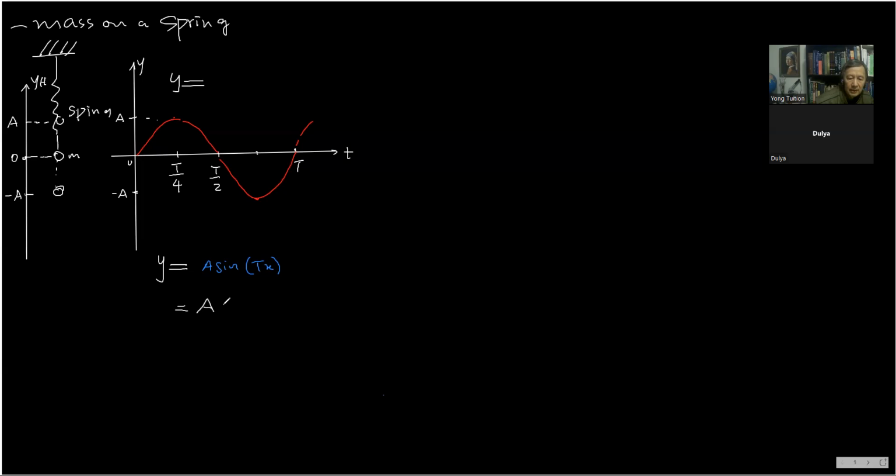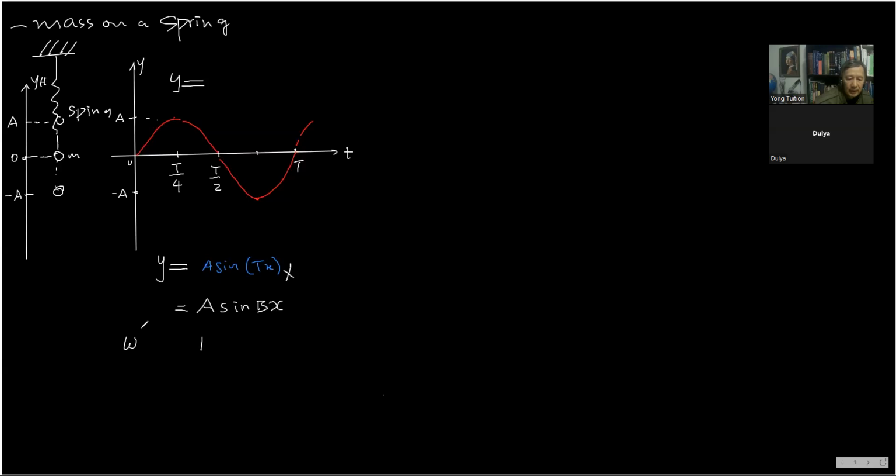We use this b, do you remember? We don't use t, we use b and x. So what is the relation between b and the period? So this is not right. Oh, 2 pi over, exactly.